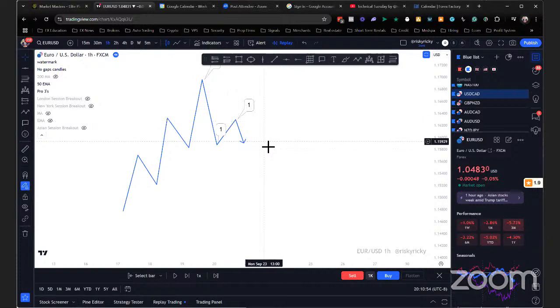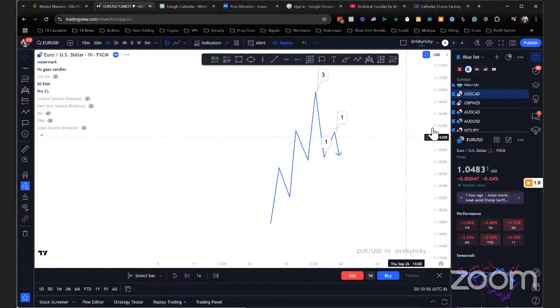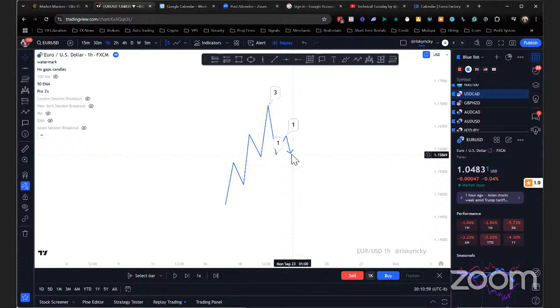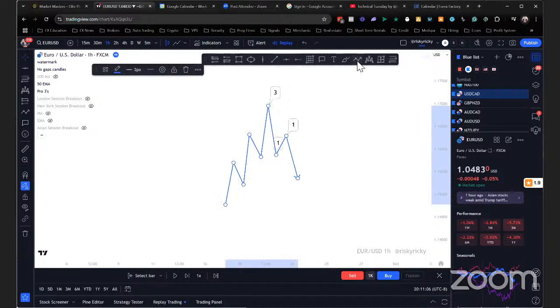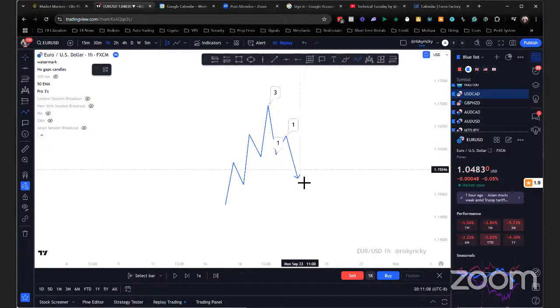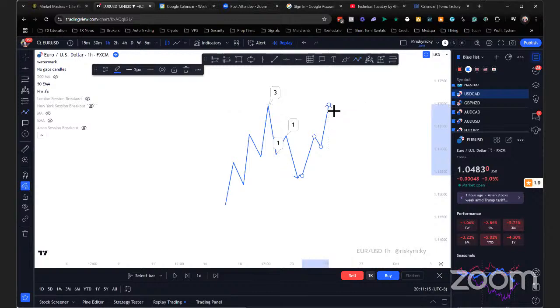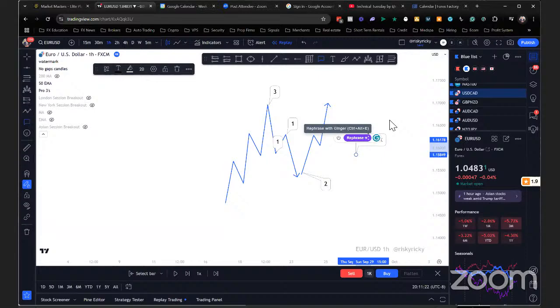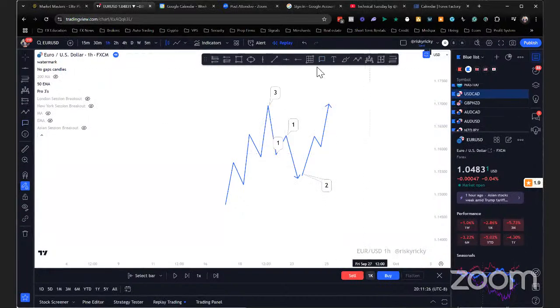Okay, so the twos though, the twos are a little bit more major. So I noticed most of the twos happen when, let's say, price is coming down as a two here. So twos usually happen in areas of more of a retracement.